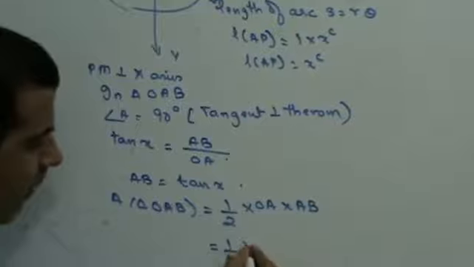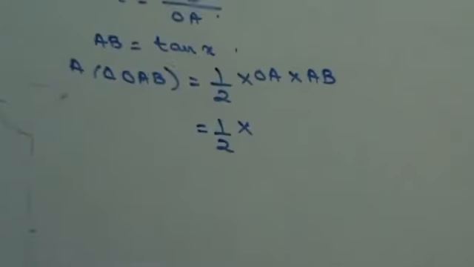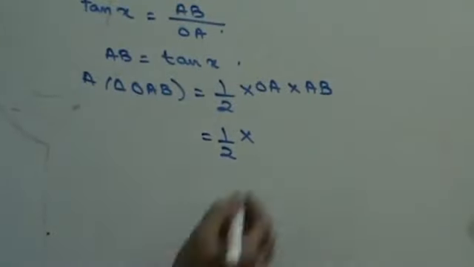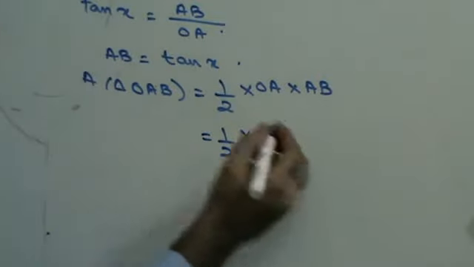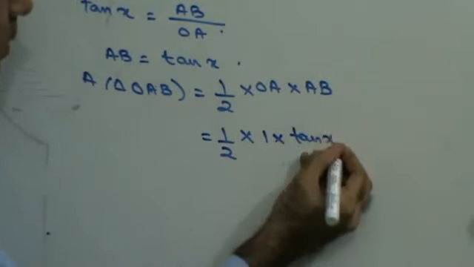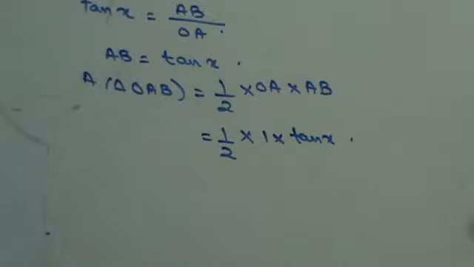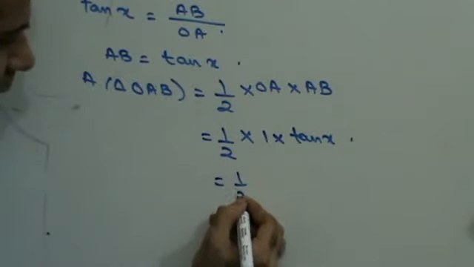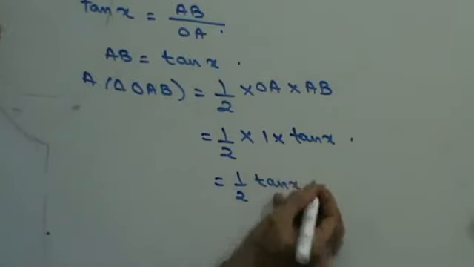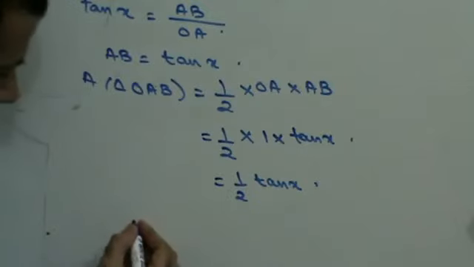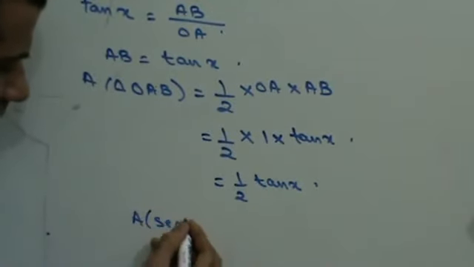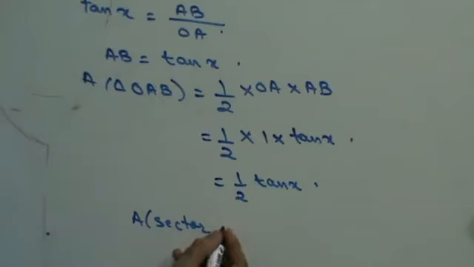So half base OA is the radius, which is 1. Height AB we found out is tan x. So thus area of triangle OAB is half tan x. Now area of sector OPA.